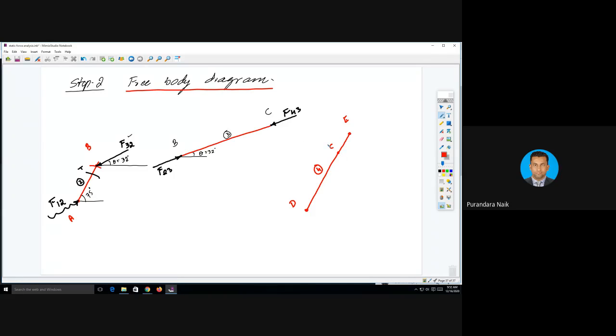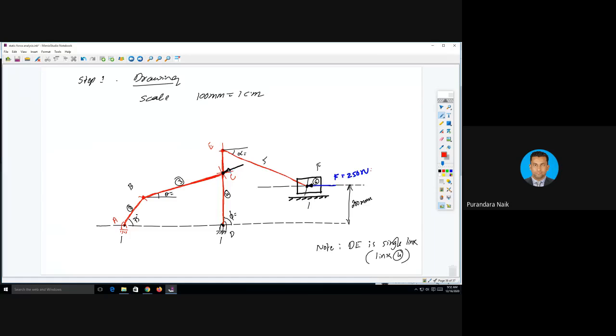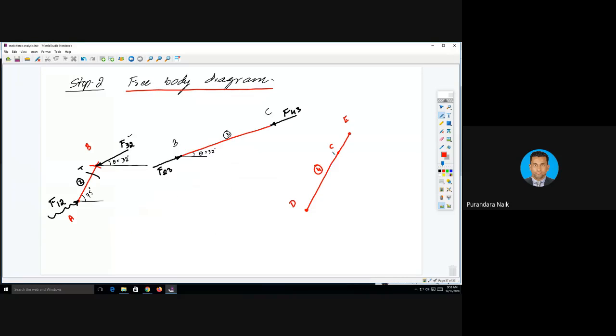We have a force on point C. Look at this. This is point C. We have one force in this direction, and the opposite force will be the other direction. So this will be the opposite force. F43. This is F34. Opposite force.